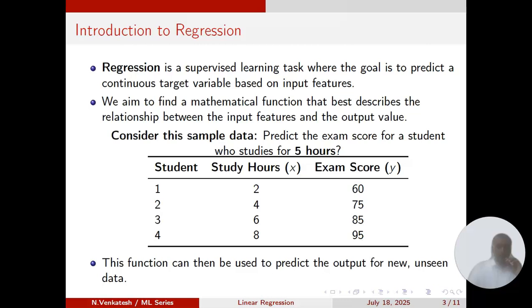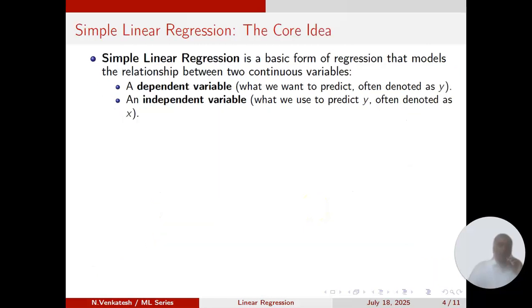A simple form of a relationship is a linear relationship. So let us consider a linear relationship, and a simple form. Simple form means where you have only 2 variables in the problem, like this problem, study hours and the exam score. Then it will be a simple linear regression problem. In simple linear regression, we have to find a model that best describes the relationship between 2 continuous variables from a given data set.